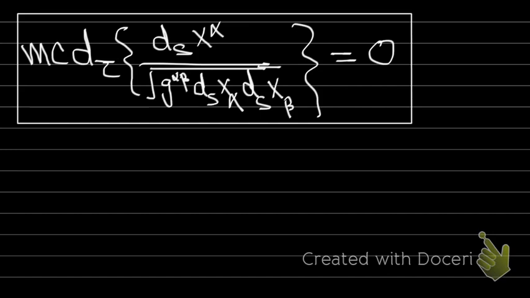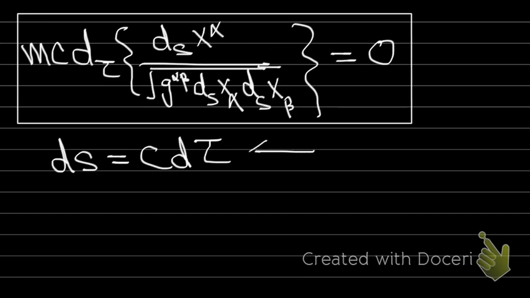Using this equation, I'm also going to recall something that we already know, that is ds is simply equal to c times d tau. And so I'm going to use this definition for ds and substitute it in this equation over here, and let's see what happens when we do that.